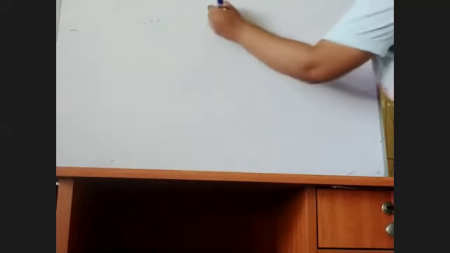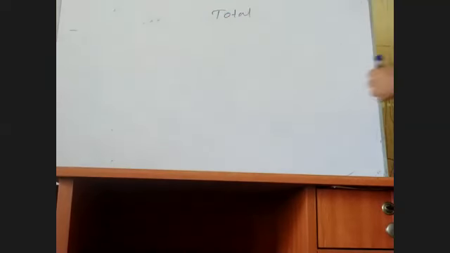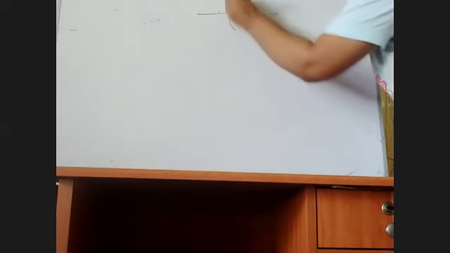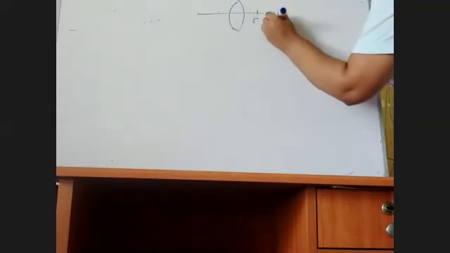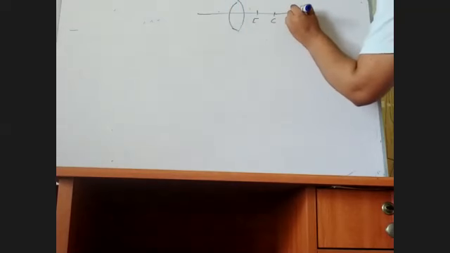Now, I will give you the summary of what we discussed. Here the convex lens is there, here the focal length, here the center of curvature.